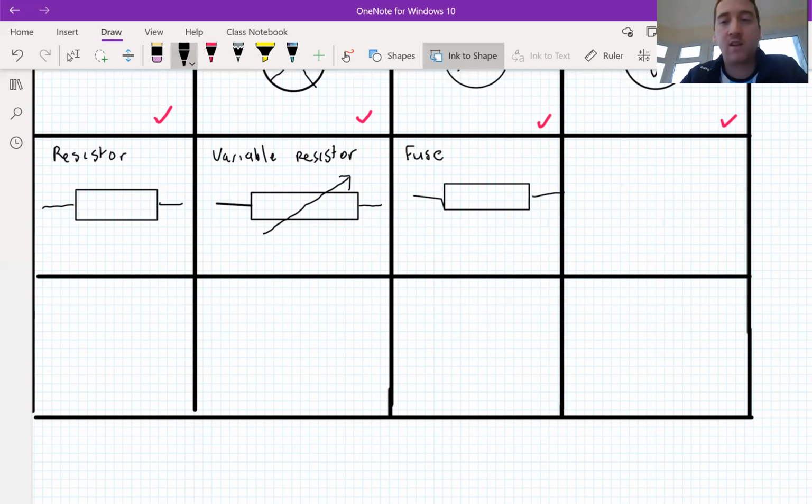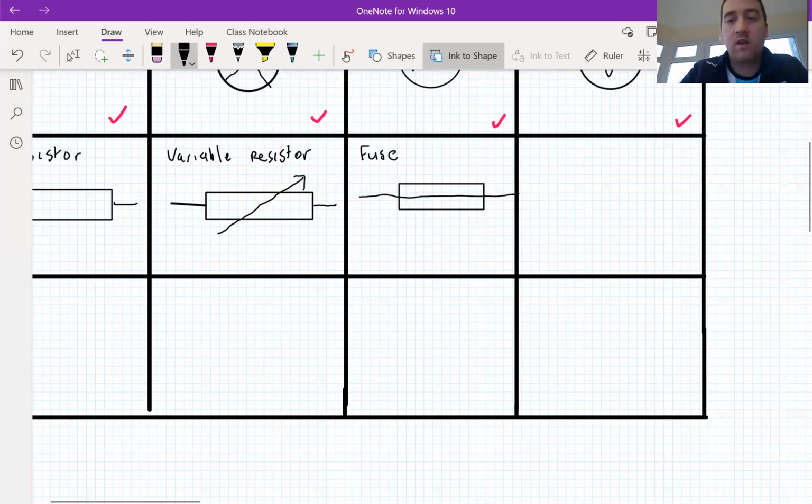So by breaking the circuit, the fuse stops the current from flowing. Current will only flow if we've got a full circuit. So a fuse is essentially a safety device that cuts off the circuit if there's a problem. So the proper diagram for it again is, we have the rectangle and we have a wire that continues through the fuse. Okay, so if that wire melts, then it cuts off the circuit.